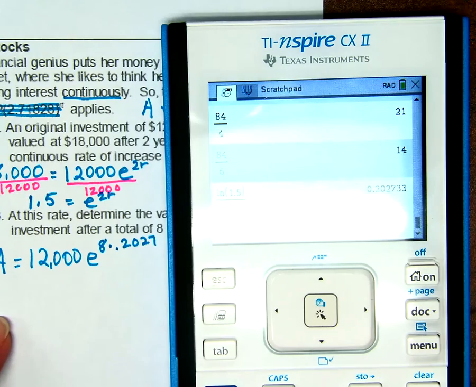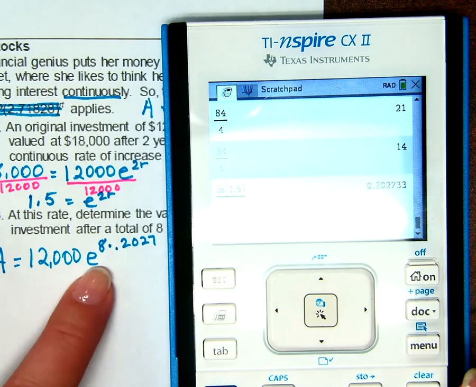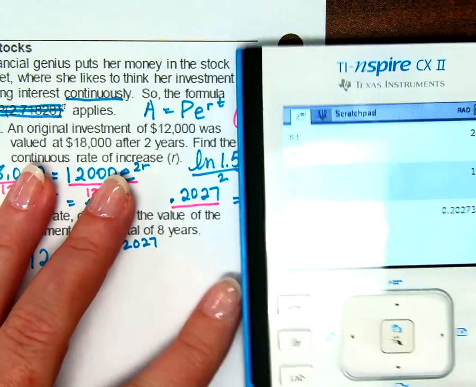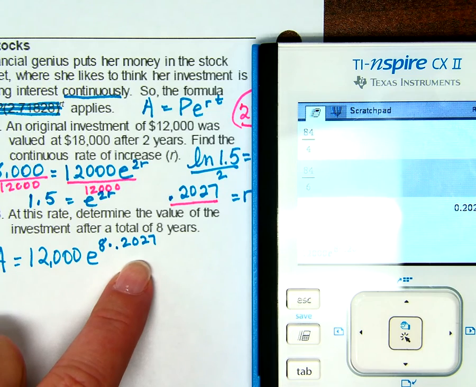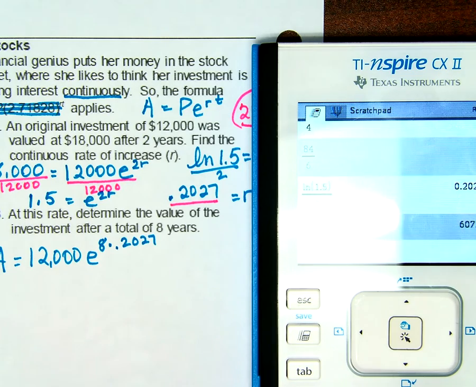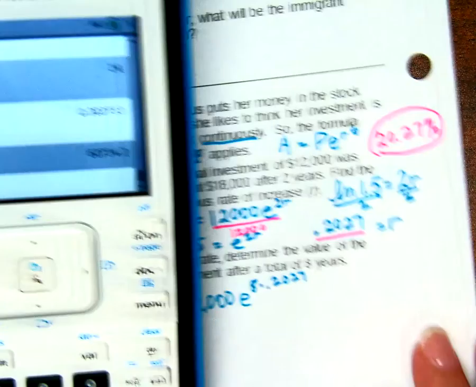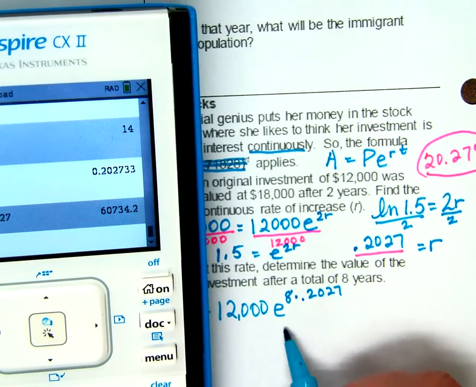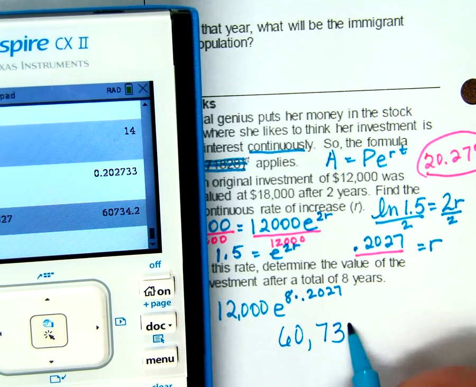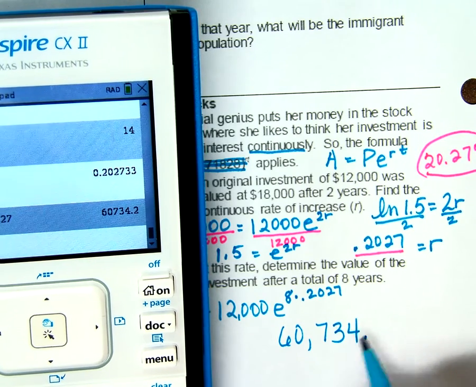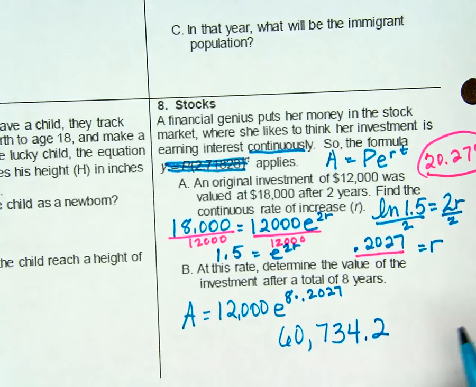So we're saying 12,000 e raised to the 8 times 0.2027 power. So what did you get? 60,000. Is that the right answer?